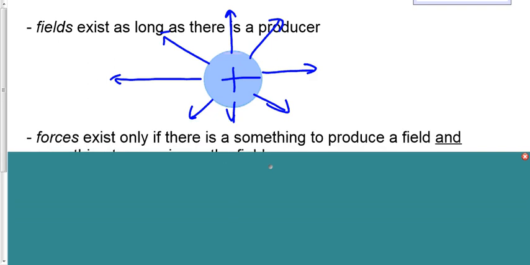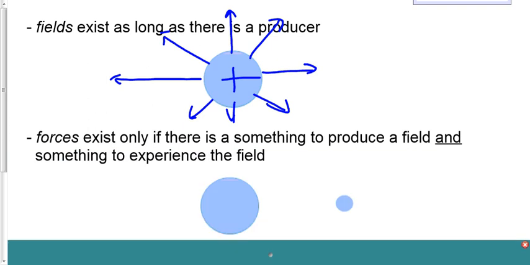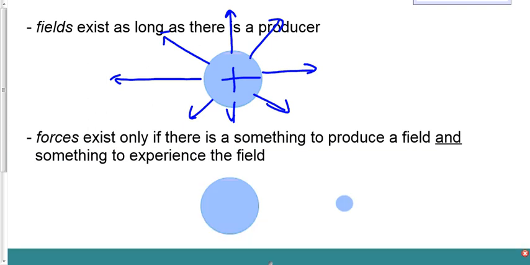A force, on the other hand, which is a push or a pull, is only there if there's something to cause it, i.e. there's a field, and there's something to experience it, i.e. another charge. So it would be a situation like this.